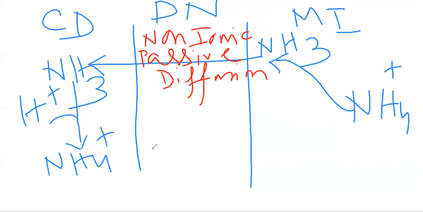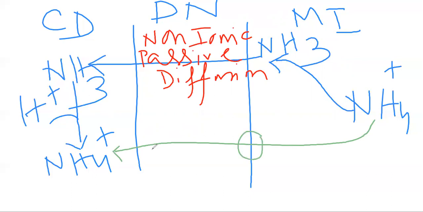In the other way, it can be excreted by diffusion trapping with the help of RHBG and RHCG channels. So this can again be excreted in the collecting duct.